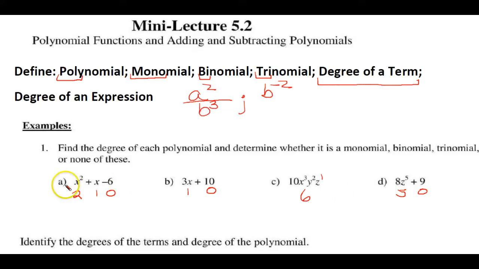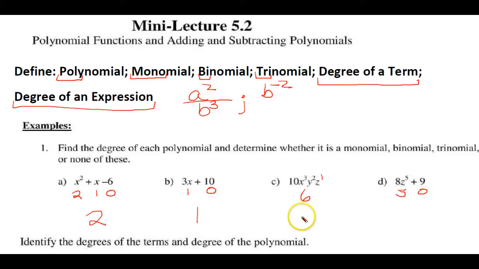Now, what is the degree then of this expression? Well, the rule for the degree of the expression is the largest degree of any one term. So for this, the degree of the expression would be 2. The degree of this expression is 1.